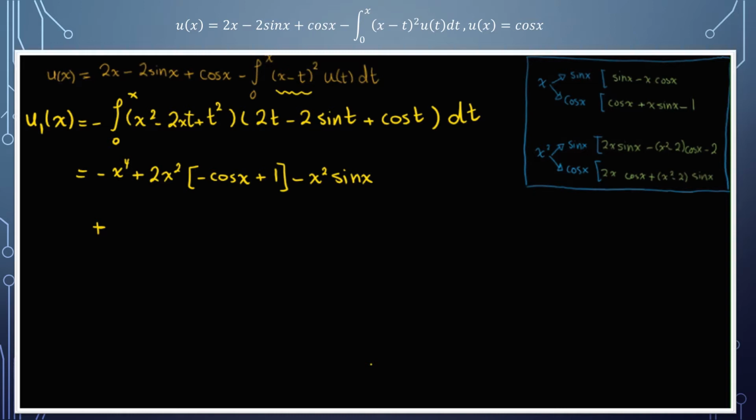We have here t multiplied by t, which is t squared.